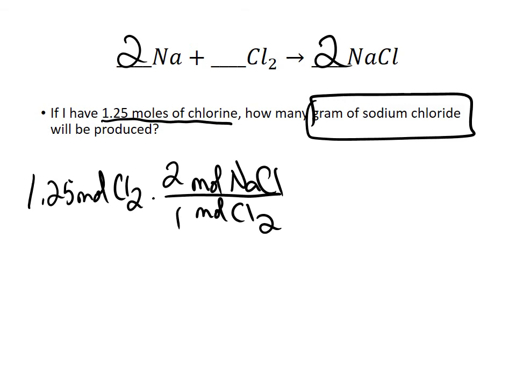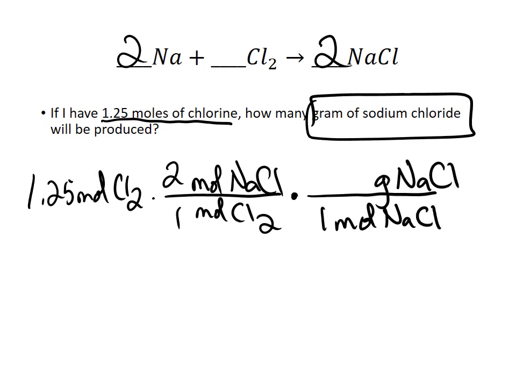Now I'm in moles of sodium chloride. One more step. 1 mole of sodium chloride would make how many grams of sodium chloride? Okay, so I have to add up the masses of those. Na is 22.99 and chlorine is 35.453.